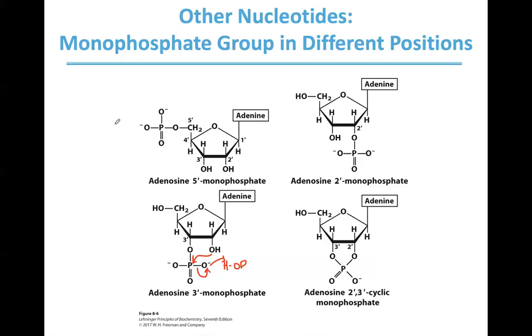But 5' and 3', so these are nucleotides. So remember how, well, we will talk about how nucleic acids are built, but jumping a bit ahead. So if this is the 3' position, right?